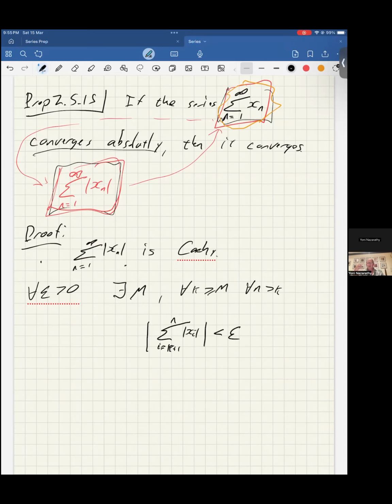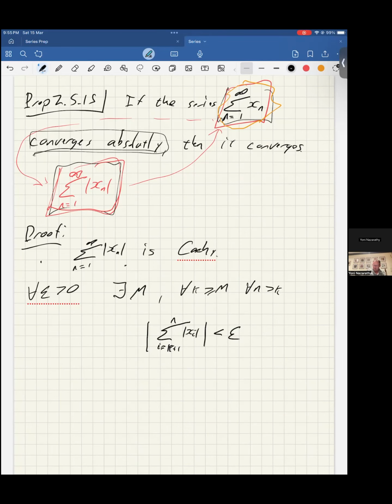So this is the Cauchy criterion applied to the series of absolute values, because we assume that the series of absolute values converges, right? And that's what it means.